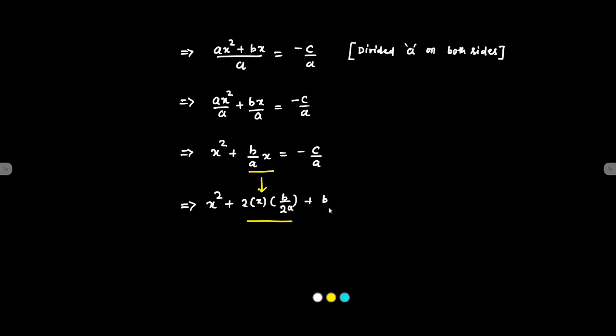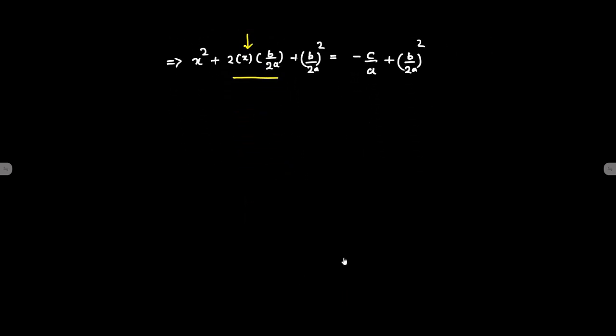So now we have to add b by 2a whole square, and also in order to balance on both sides we will add b by 2a whole square. Okay, so that implies here we have x plus b by 2a whole square.